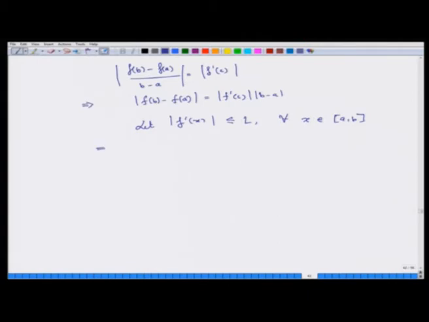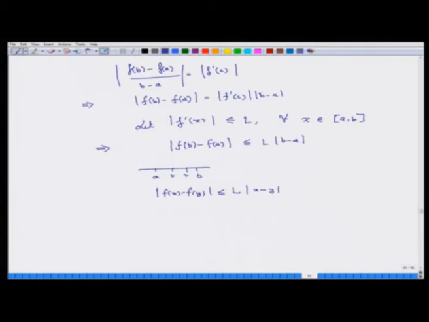This implies the following: mod of f b minus f a is less than equal to L times b minus a. Now, it does not matter whatever x and y you choose between a and b. You take any x and y between a and b, I can always show that mod of f x minus f y is less than equal to L, the same L, times mod of x minus y.